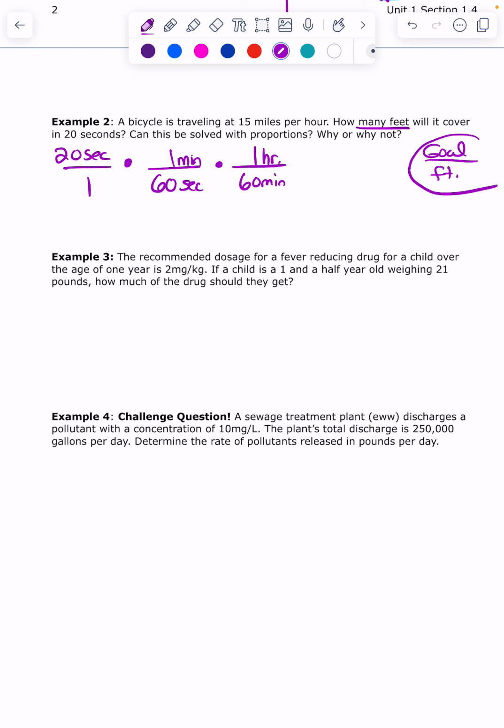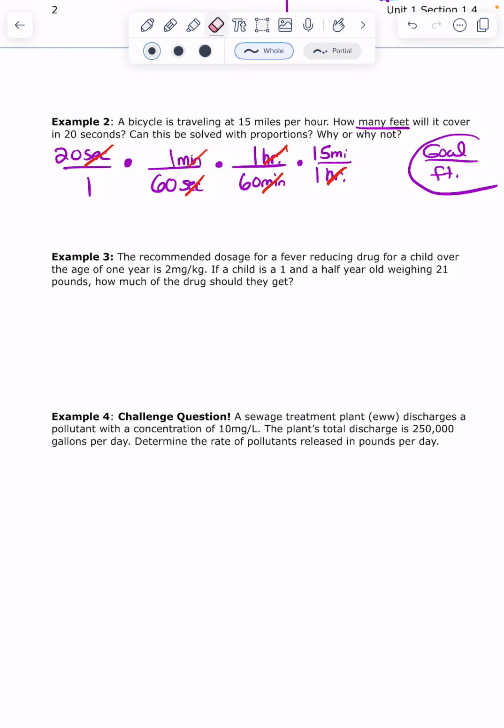Those conversions were on your conversion tables up above. If you don't already know those facts, then you can write them in on your conversion table. So you'll see that we have some crossing out that we can do, seconds with seconds, minutes with minutes. So now that I have hours, I can use this 15 miles per hour. So I'll want the 15 miles on top and the 1 hour on the bottom, so that hours can cross out.